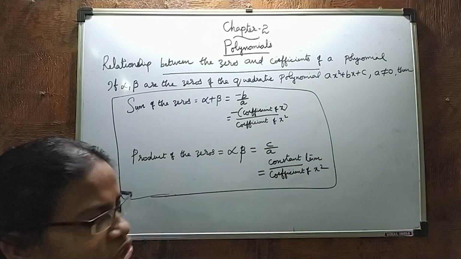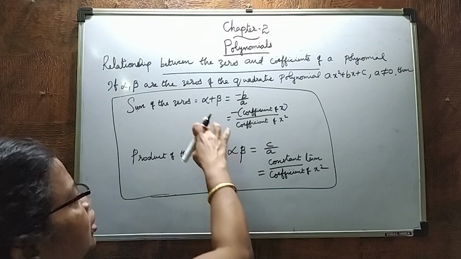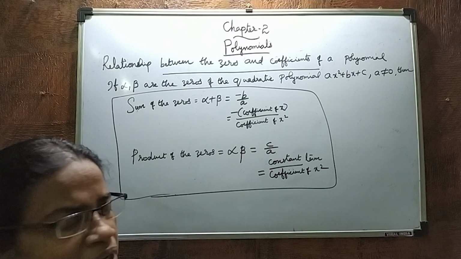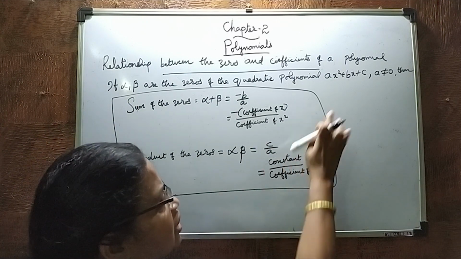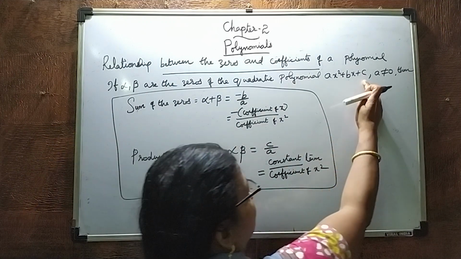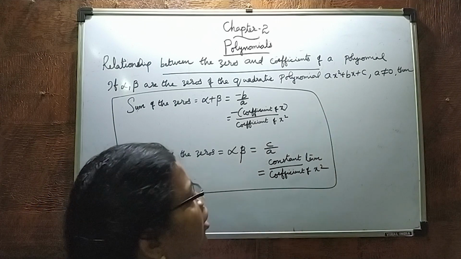Then the product of the zeros: alpha times beta, which should be equal to c by a. C is the constant number, divided by the coefficient of x square.